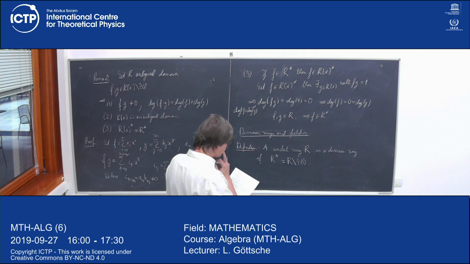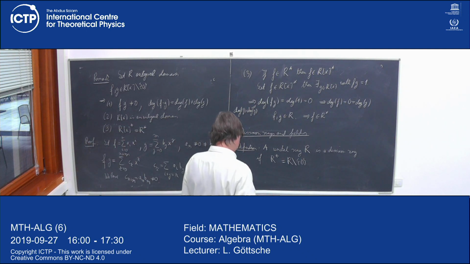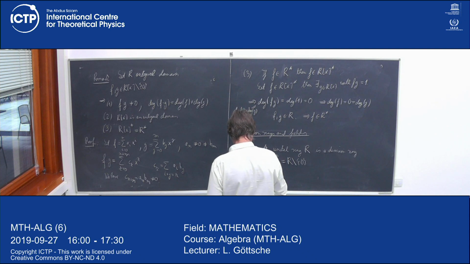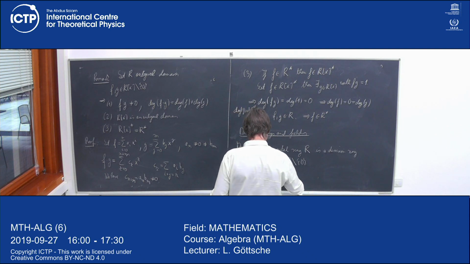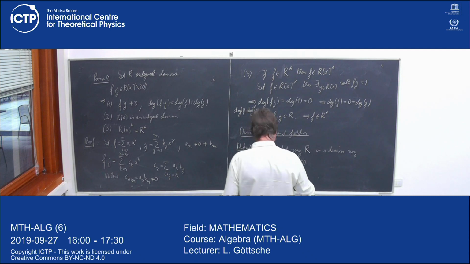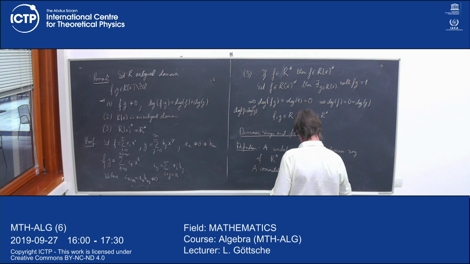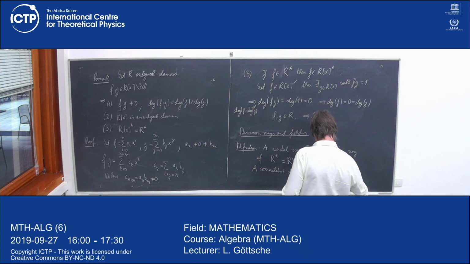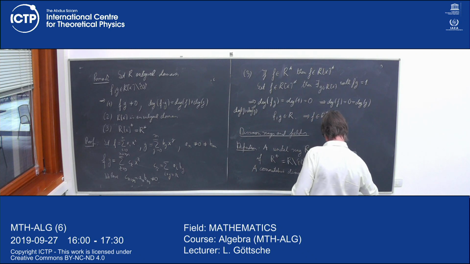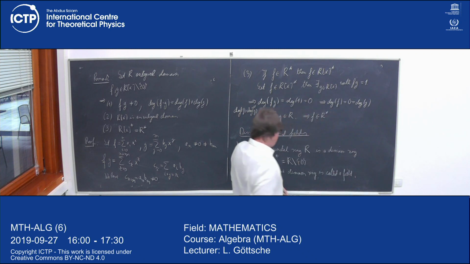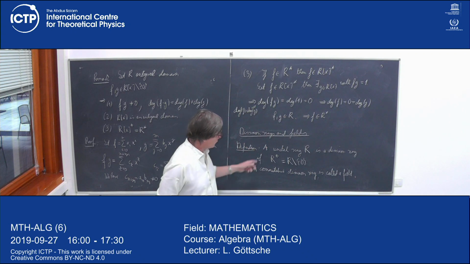And then a commutative division ring is called a field. Now we will not be interested in division rings, but at least I want to mention them.